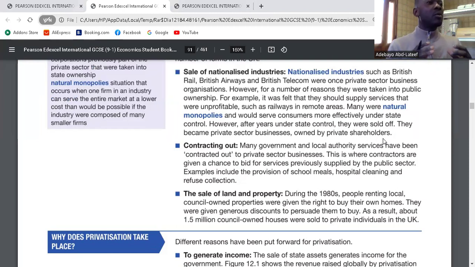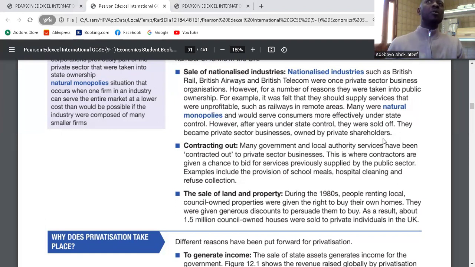So when we talk about contracting out, we're talking about contracts that are always being executed by the government. But now, government gives the private sector the opportunity to start bidding for such contracts, like refuse collection. Even in Libya, for refuse collectors, some are privately owned, some are publicly owned, right?